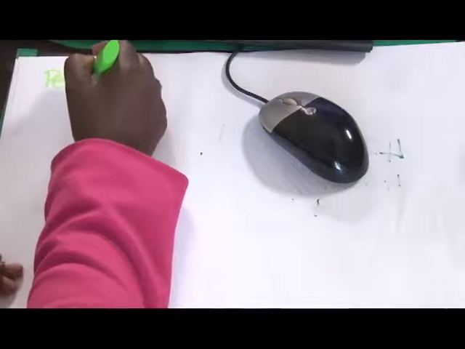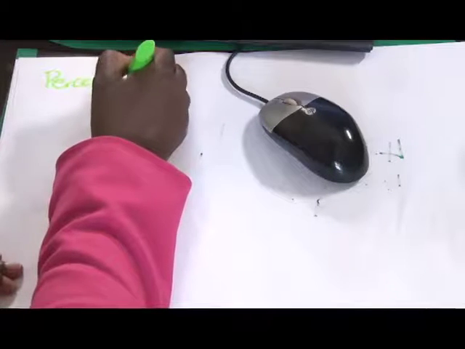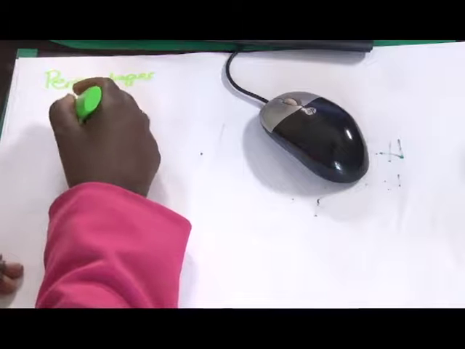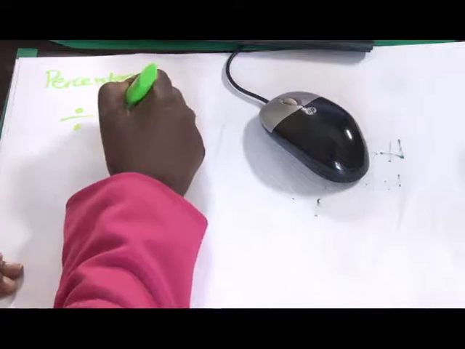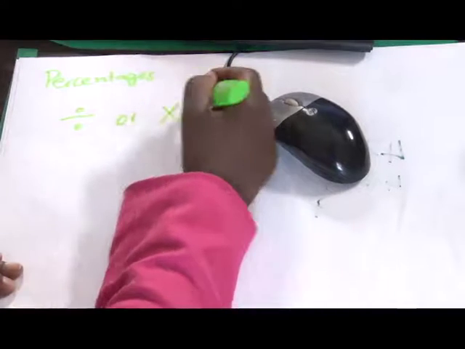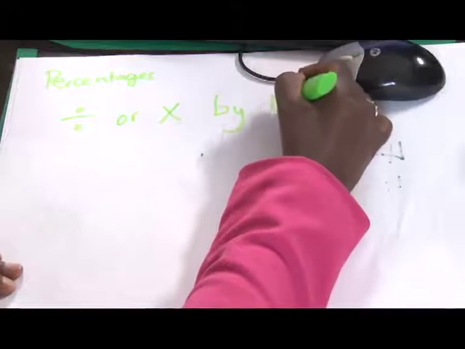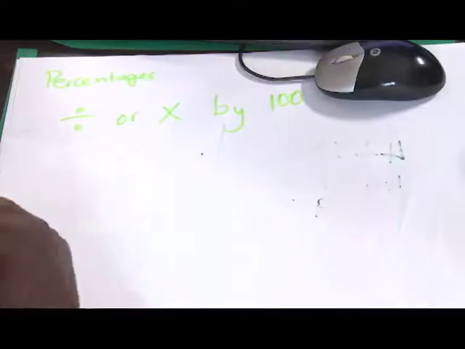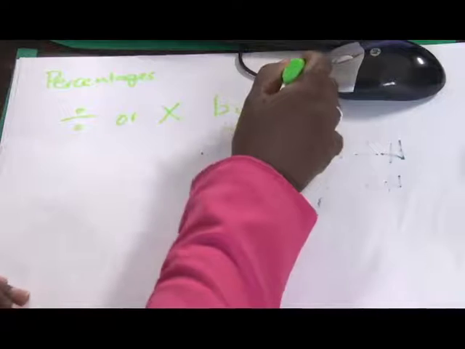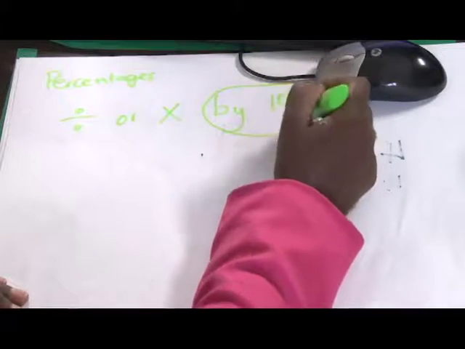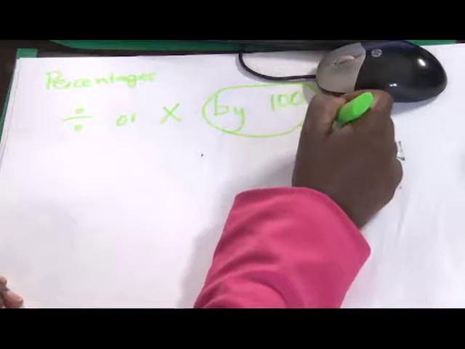Percentages is nothing other than dividing or multiplying by 100. You can either multiply or divide by 100 to make any number a percentage or to convert to percentage.